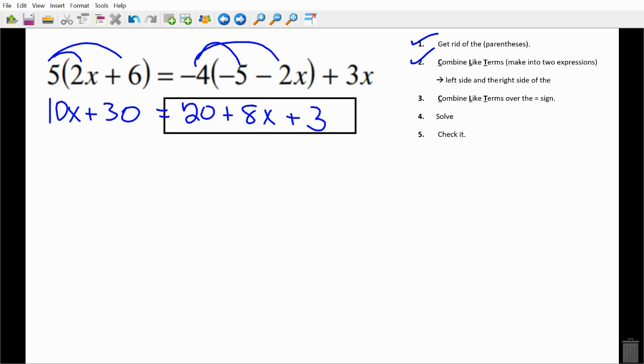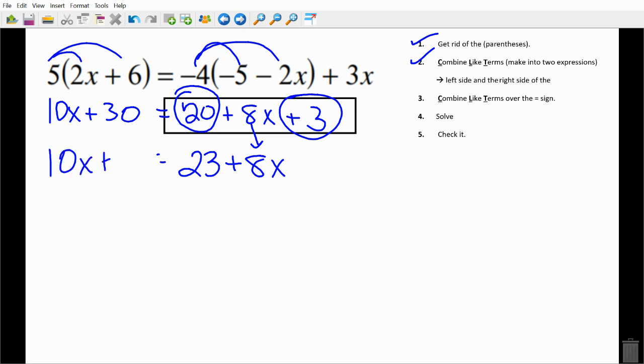Again, we just add them together. So a positive 20 and a positive 3 gets us positive 23. Two terms turn into 1 plus 8x because we didn't do anything to that. We just drop it like it's hot. Good. Now we get 10x plus 30 on the left because we haven't done anything with those because, again, that was a variable and a constant.